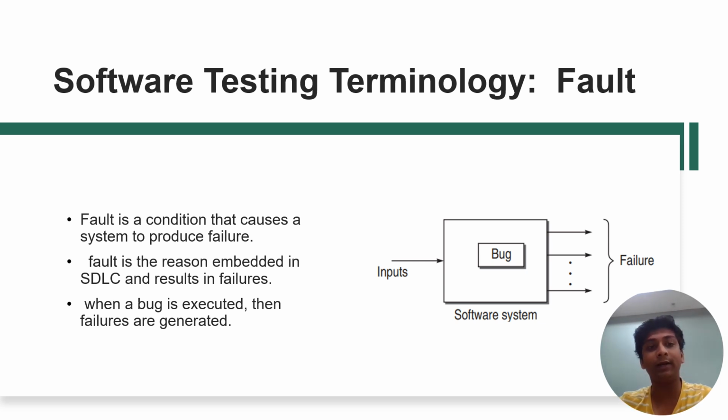Fault is a reason embedded in software design that results in failures. As you can see in this diagram, there is an input and there is a bug. Bug is nothing but some errors. And if these bugs keep on increasing, your system will get overloaded, and at last it will cause failure. When bugs are executed, then failures are generated. That's what is mentioned. I guess you come to know what a bug is.